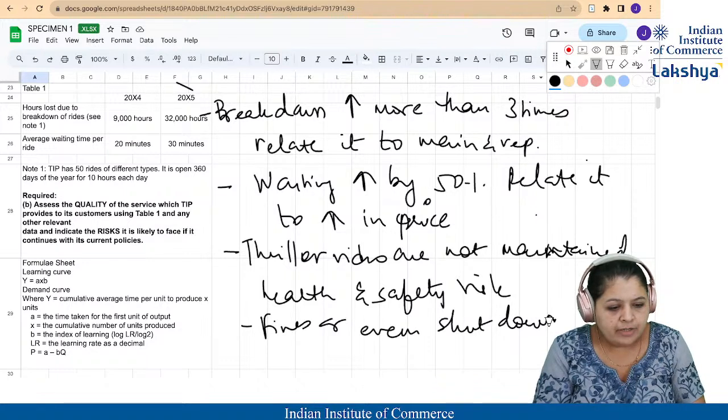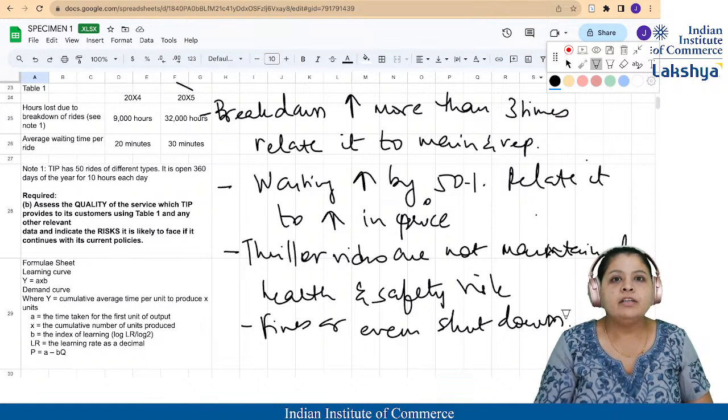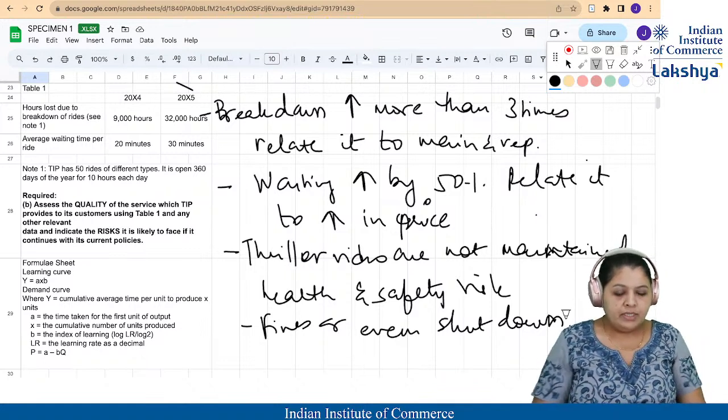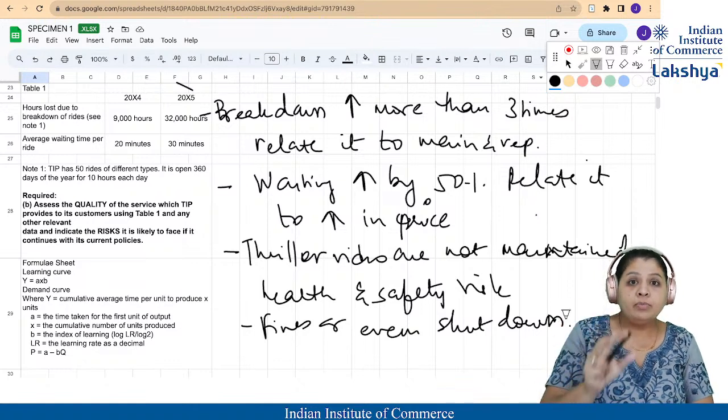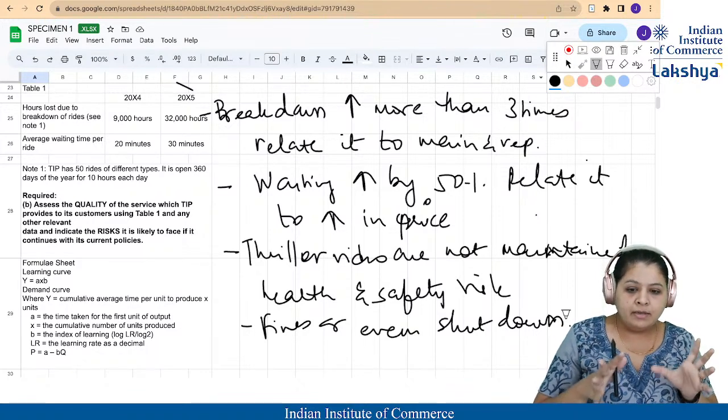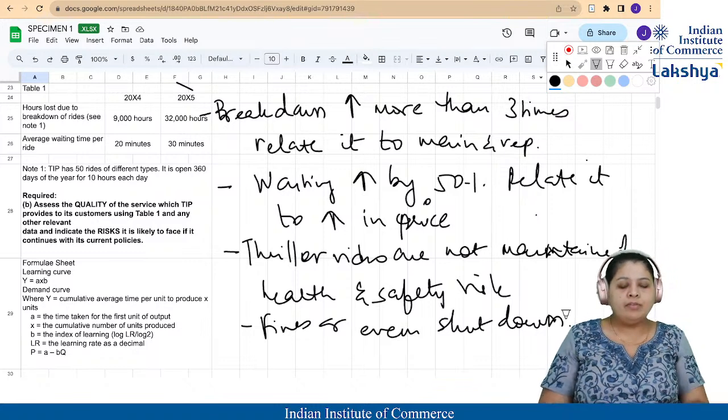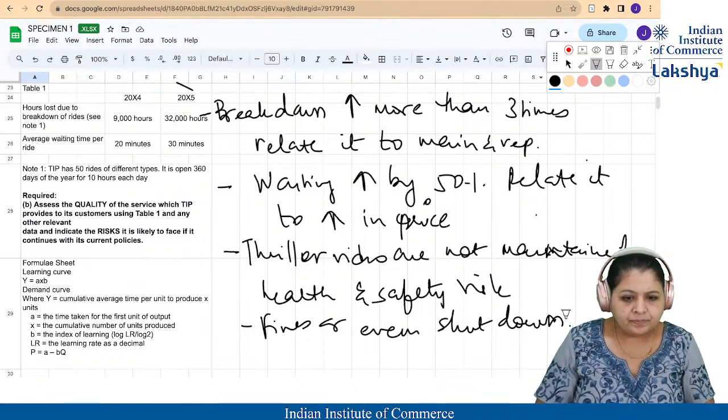Right? So just try to relate these things with relatable situations. Right? It's a 6 marks question, there is a lot you can write once you find out your percentage of the ratios. There are quite a lot of things that you can write here.